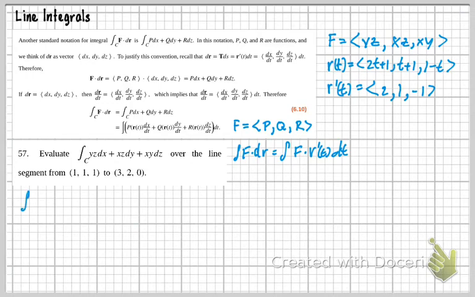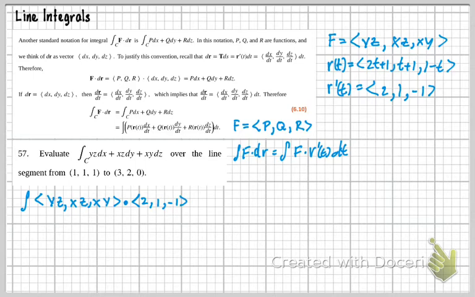That's going to be the integral of my f, which is yz, comma, xz, comma, xy, dotted with 2, 1, negative 1. And then our bounds, we didn't talk about our bounds yet.